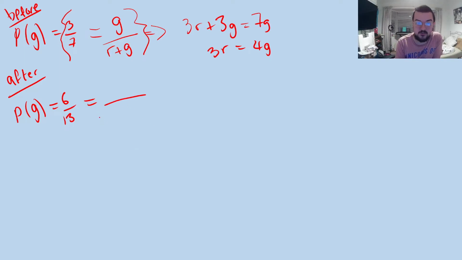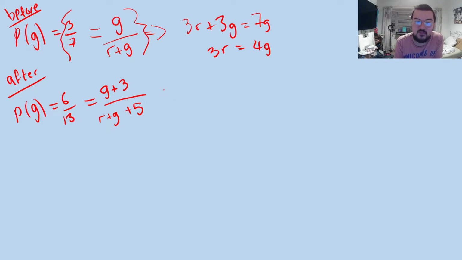Well, there's the original number of counters, which is R plus G, plus 2 new red and 3 new G. Well, we don't know what R is, we don't know what G is, so we just say that there are 5 new counters added altogether. So R plus G plus 5. And on the top we're looking for green counters, it's G plus how many green counters were added? 3 green counters. So we say G plus 3, the original number of green counters plus 3 new green counters.